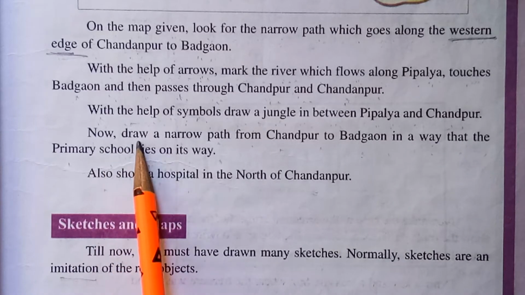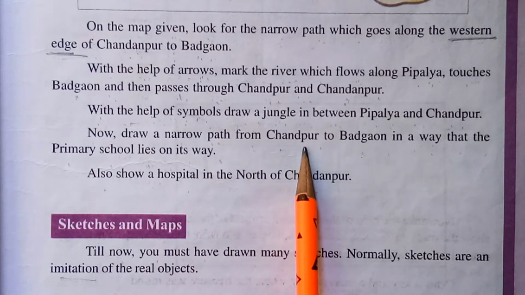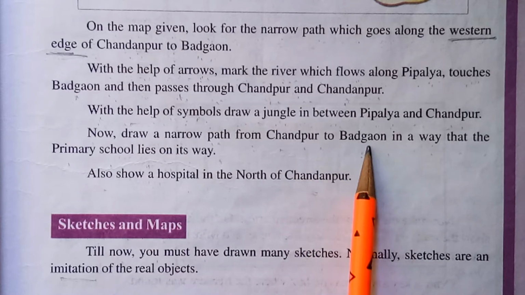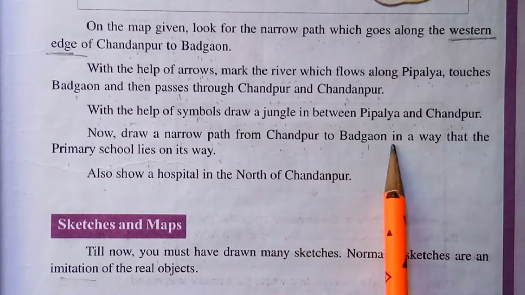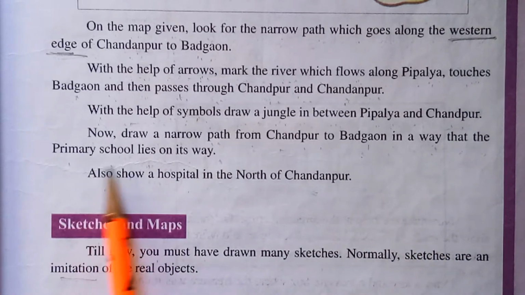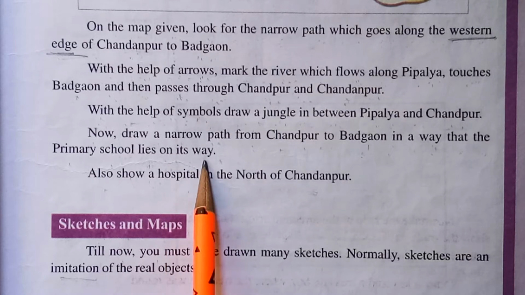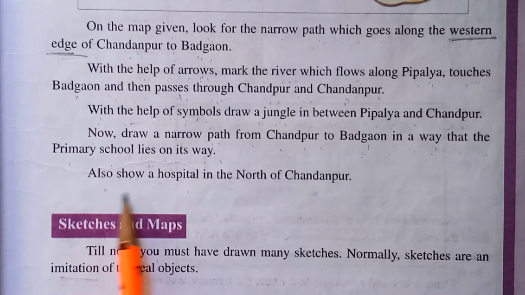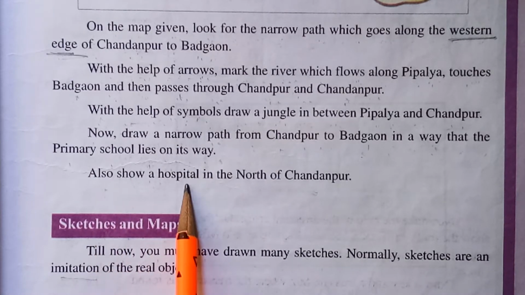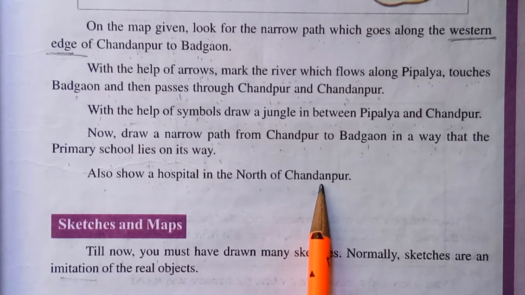Now, draw a narrow path from Chandpur to Badgaon in a way that the primary school lies on its way. Also show a hospital in the north of Chandanpur.